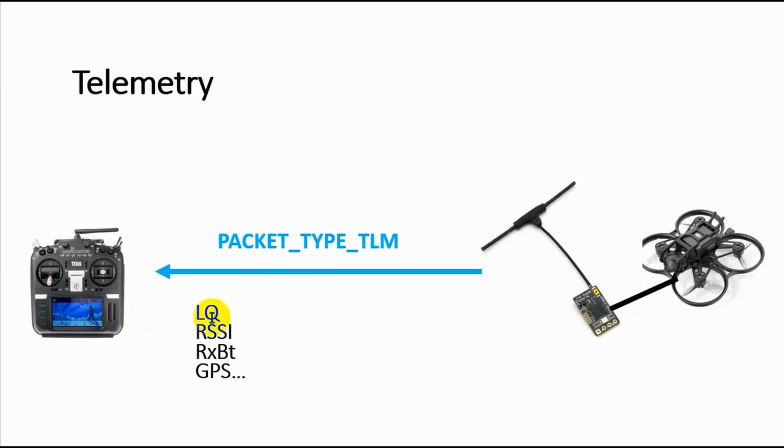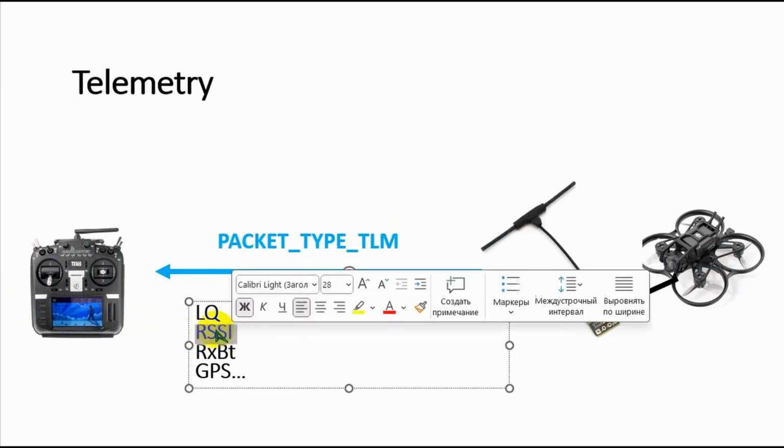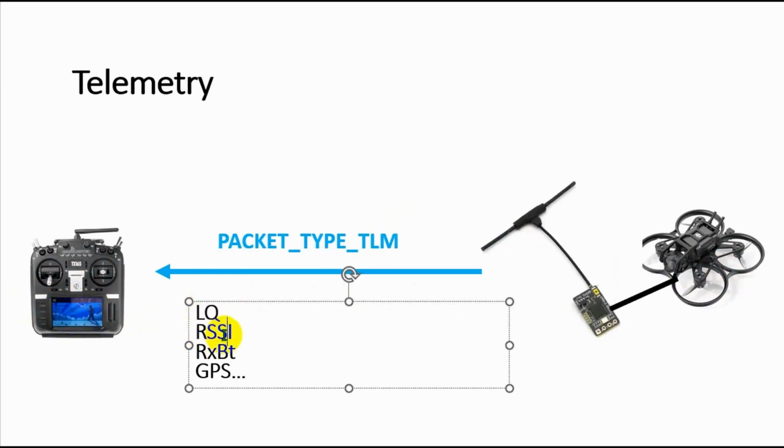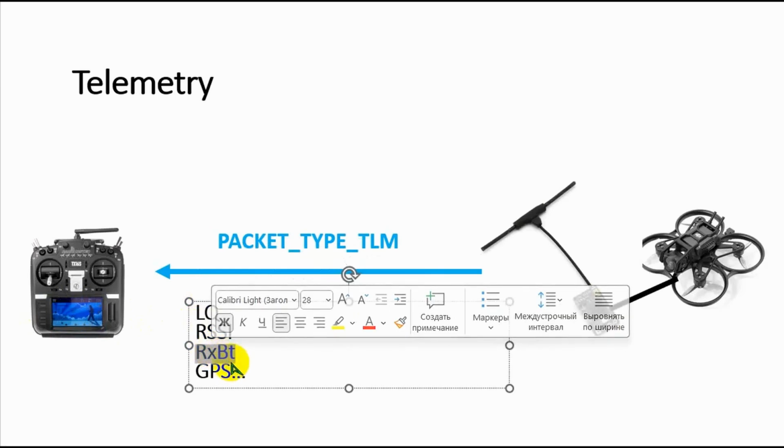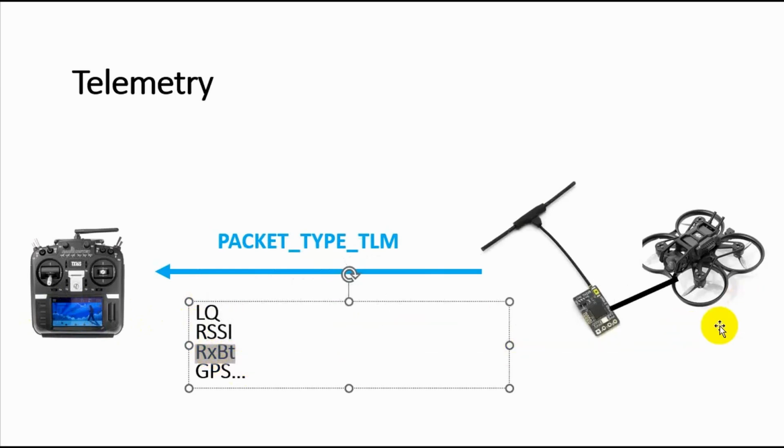And what are the messages? It is like RSSI or LQ, which is the health of the signal, or we can send the RX BT, which is the battery value on the drone, or GPS coordinates or whatever. So all this information may be transferred and displayed here.